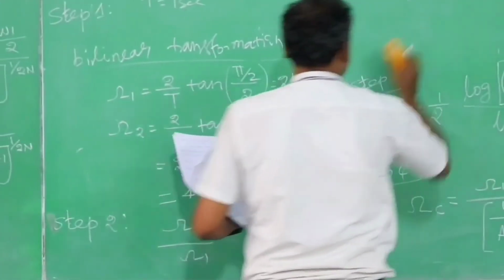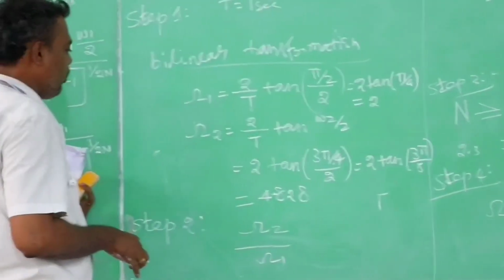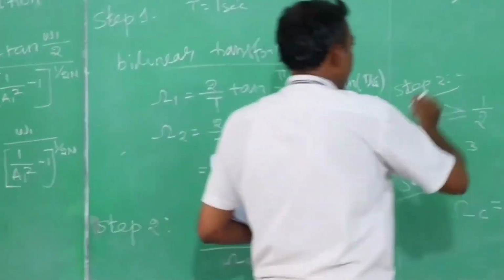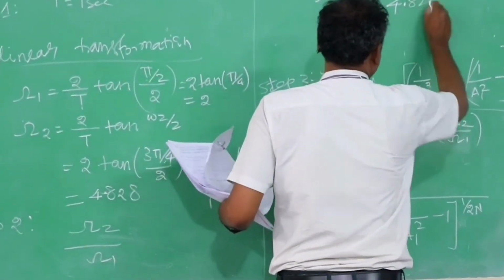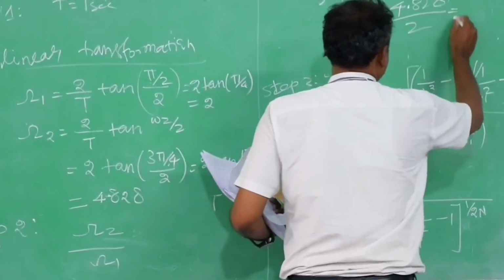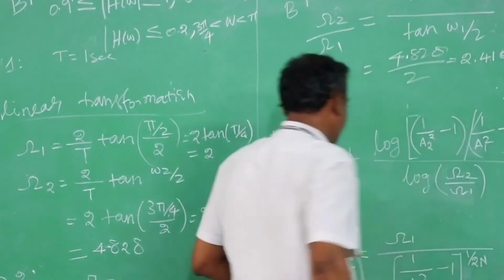The second step is to find the ratio of the analog frequencies, Omega 2 by Omega 1, which is 4.828 divided by 2. You get 2.414.